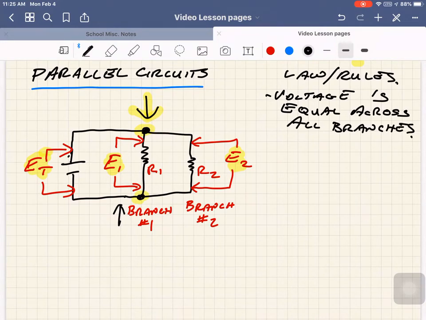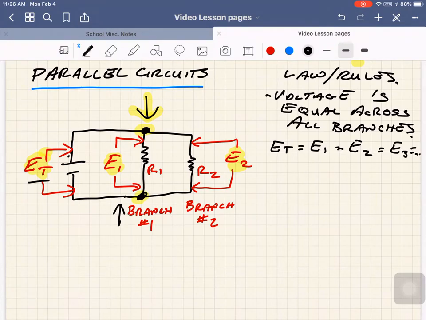Okay, so as a formula we can say ET equals E1 equals E2 equals E3, right, equals as many as we have. So if we could have 20 branches, they're all going to have the same voltage. If that's 120 volts for your supply, that's what we have across branch number 1 from these 2 points, and same as what we have across branch number 2.